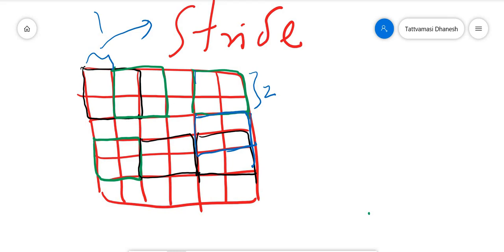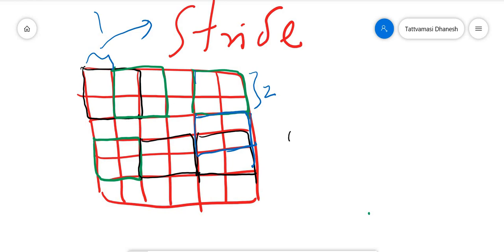And when you do a stride of 2 or 3, what is the output? What is the size of the output matrix? For that you need to use the formula. This is the formula we have to use when using a stride of 1 or 2 or 3, whatever it may be.